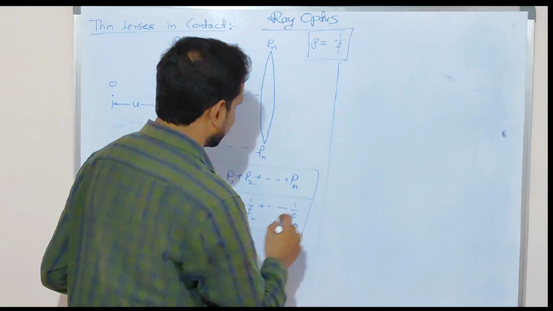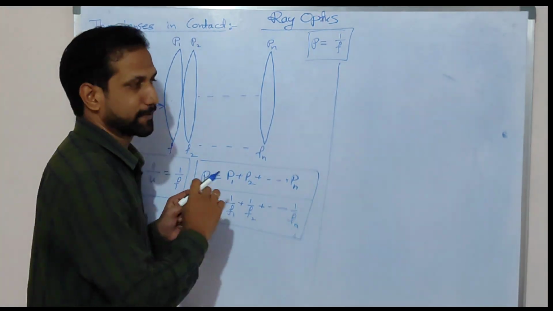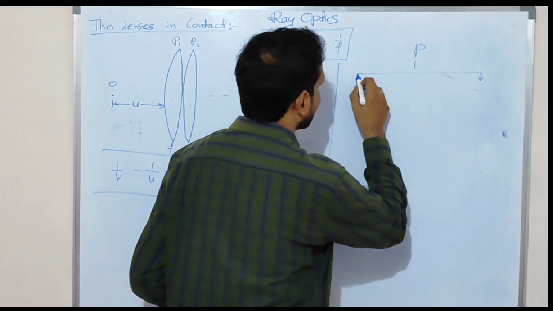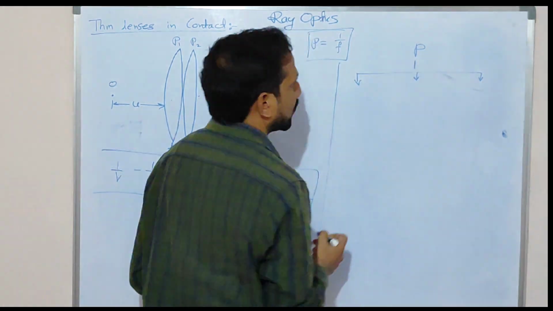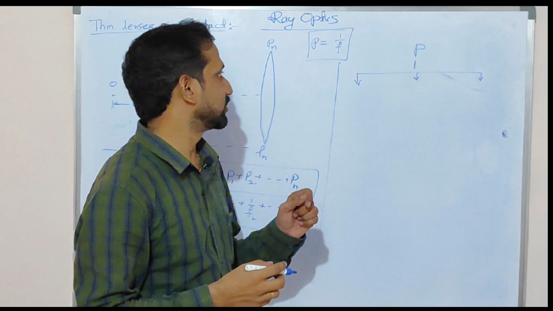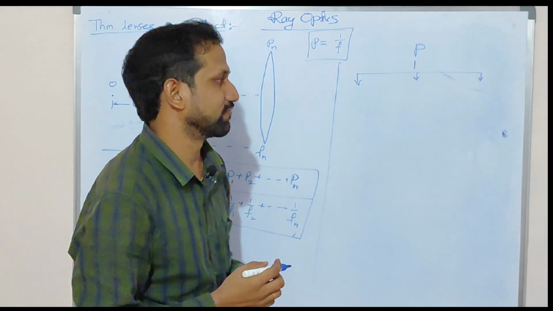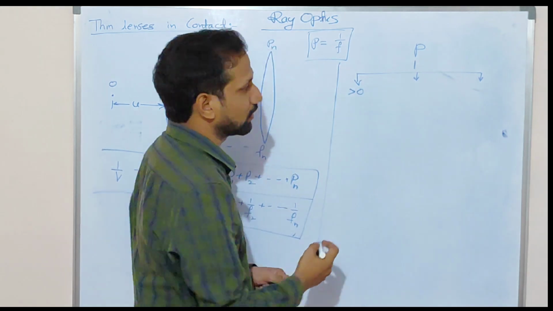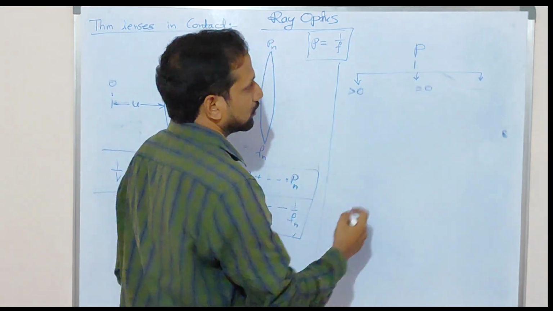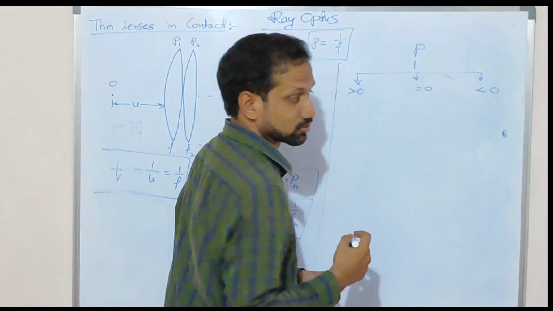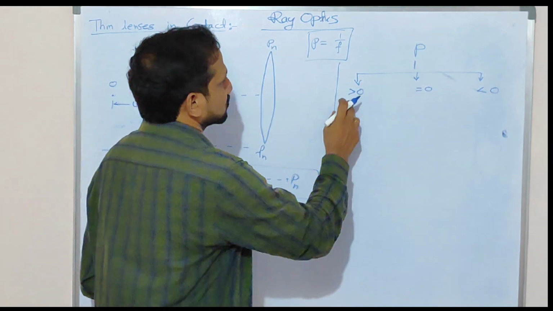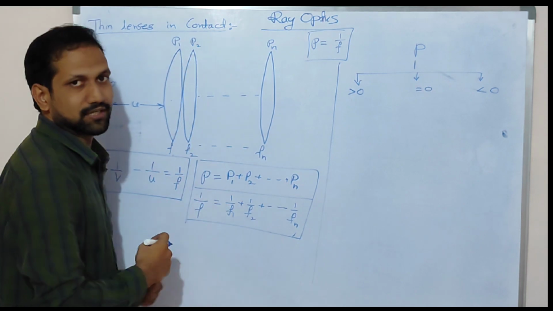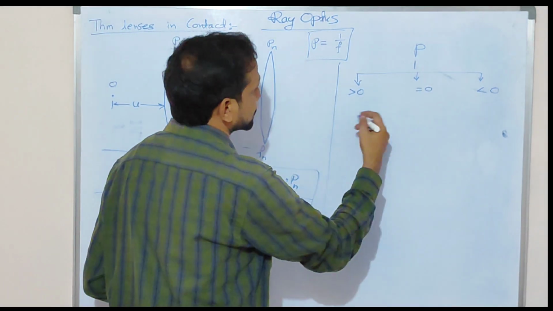Let me tell you the meaning of this. Suppose you have calculated the power P. Mathematically there are three possibilities: the power may be greater than 0, or equal to 0, or sometimes less than 0. If you got positive power, the total system is behaving as a convex lens, or a convergent system.